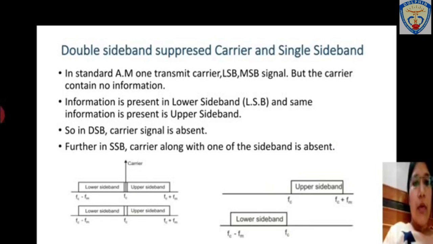Also, the upper sideband and the lower sideband contain the same information, only the frequencies differ, but they carry the same information. So further, in single sideband we avoid one of the sidebands and send only one. Either we can send the upper sideband or the lower sideband. This we can easily see in the image on the right side.